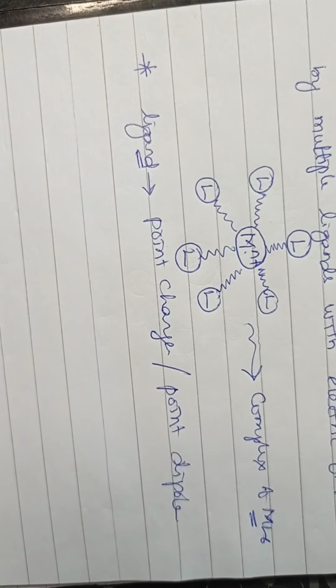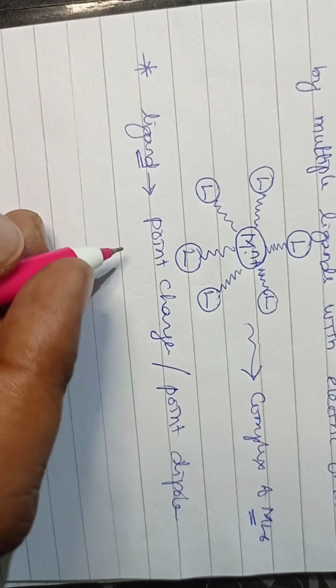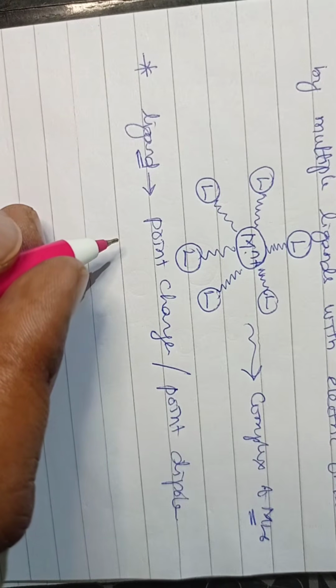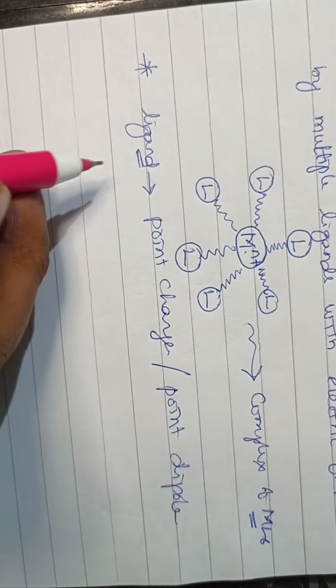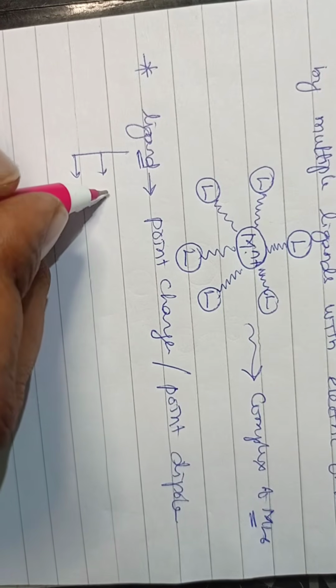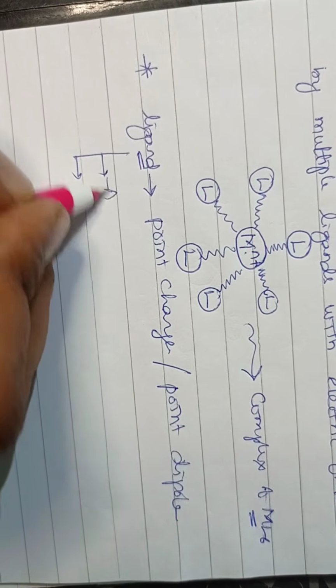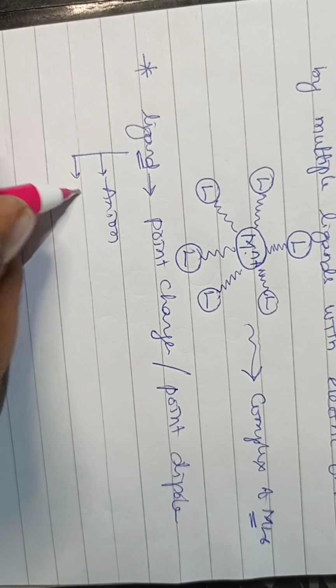In crystal field theory, a ligand is termed as a point charge or point dipole. This is because ligands will be anionic or neutral.